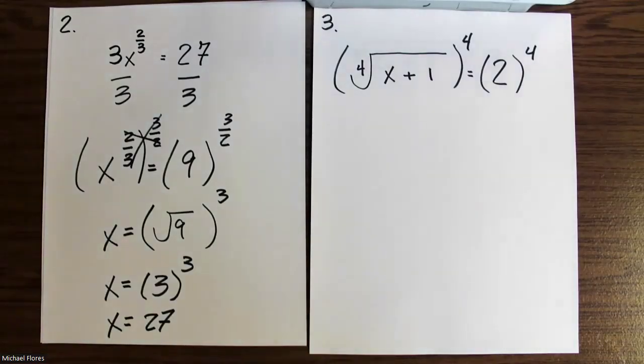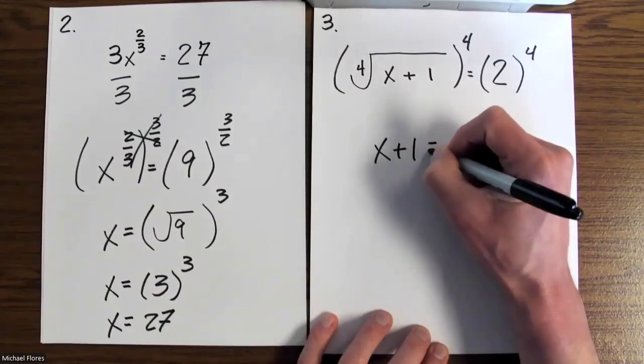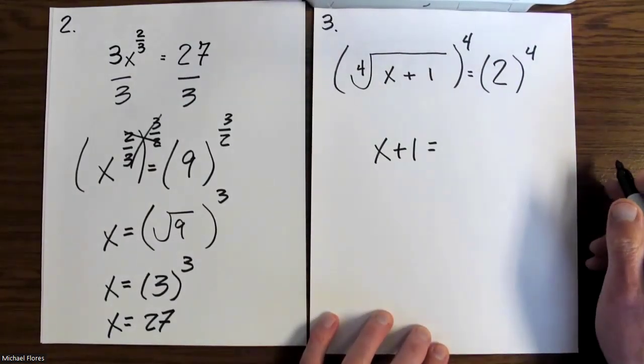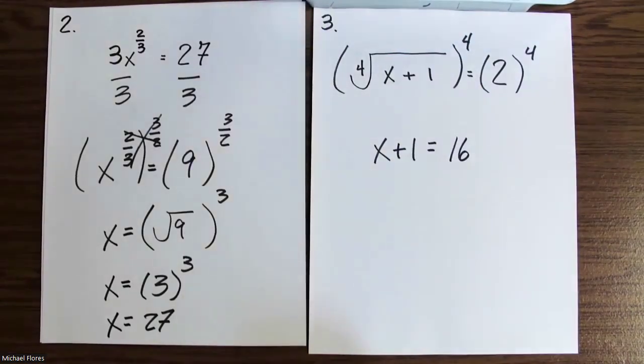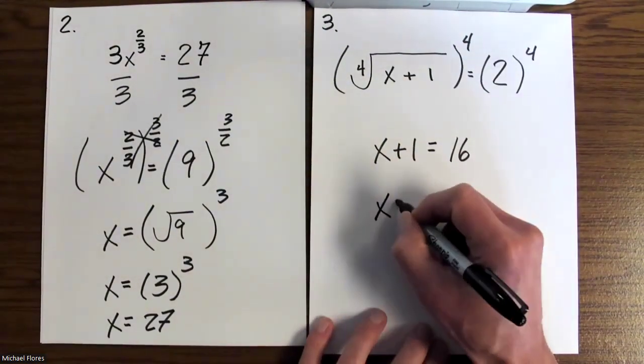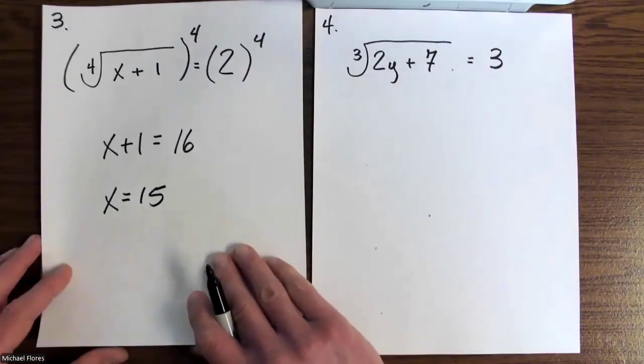The 4th power eliminates the 4th root, leaving us with x plus 1, and 2 times 2 times 2 times 2 is 16. Subtract over the 1, and you've got your answer. x equals 15.